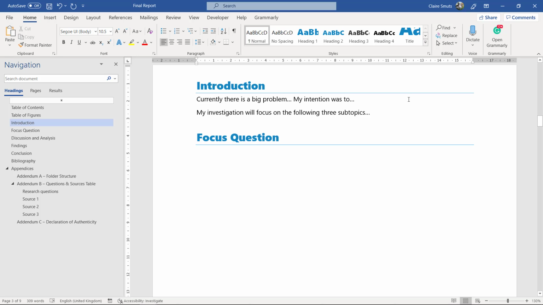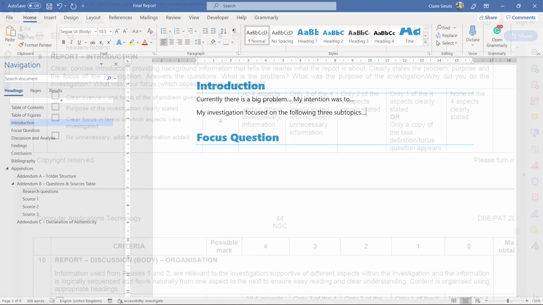My intention was to do this and this and to research that and that and that. And the investigation, not "will focus" but "focused on" the following aspects, and then you discuss that. Right, so that's what your introduction needs to be. Just go and change that.